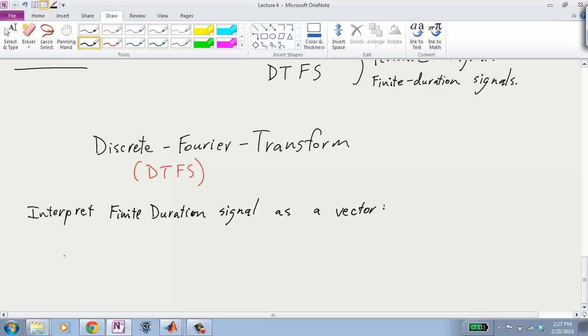We'll write it as a vector. So x equals x0, x1, up to xn minus 1, transpose.